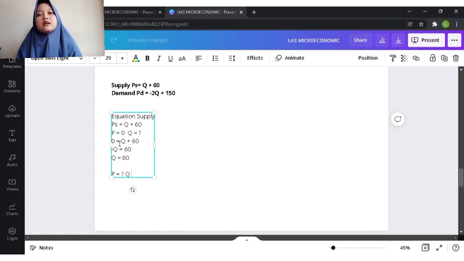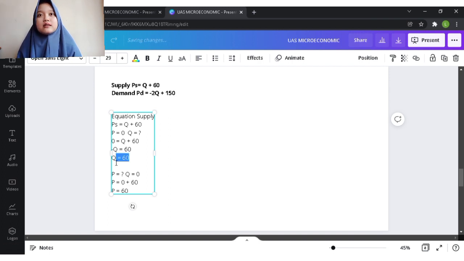So if K equals 0, how much P do we get? We use the supply equation again. P equal to 0 plus 60, and we get P equal to 60.